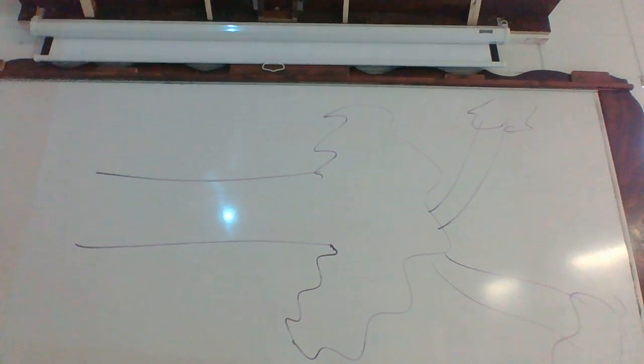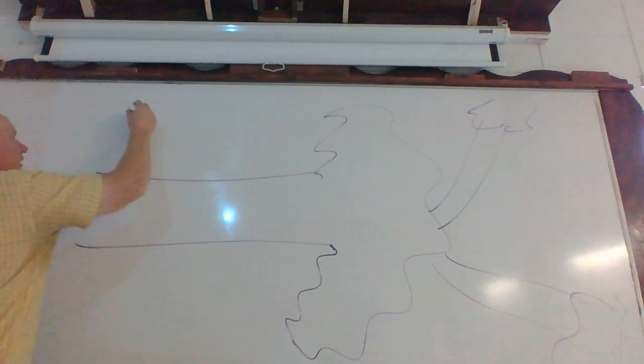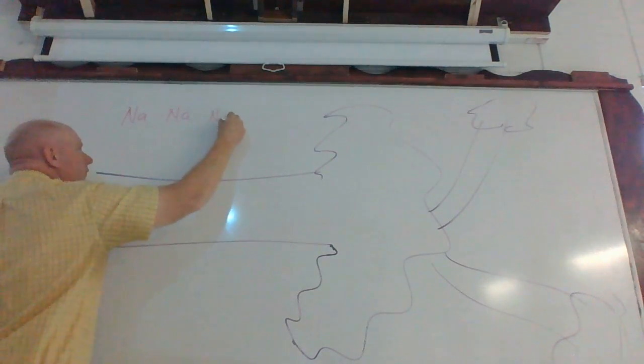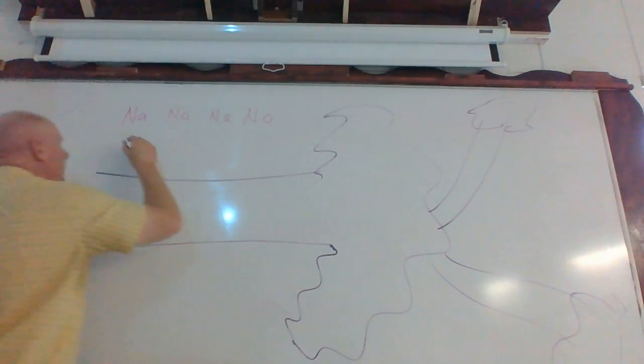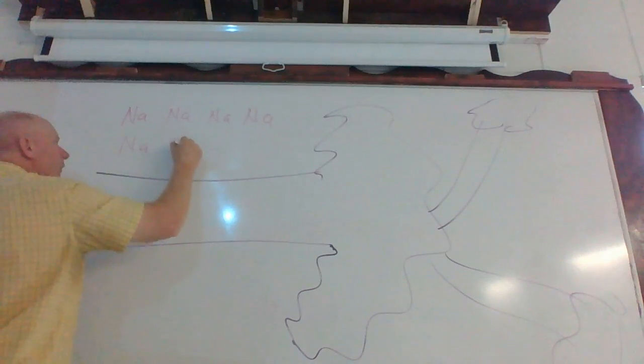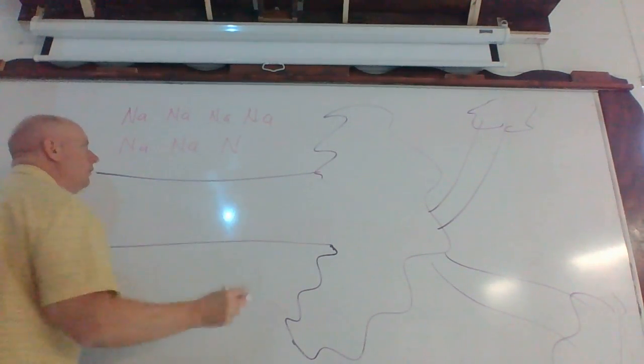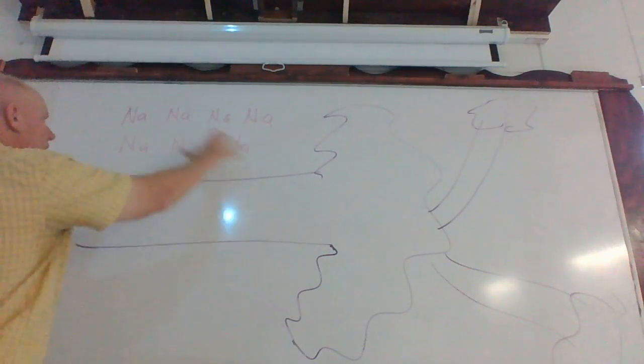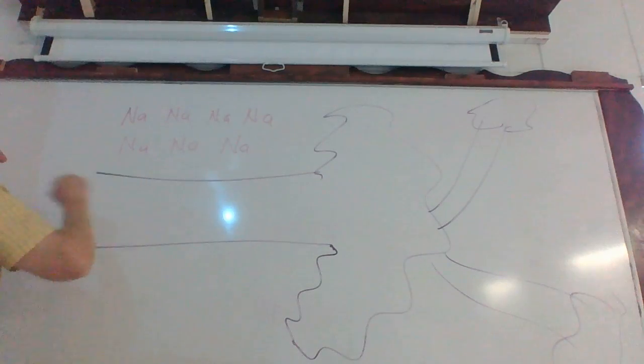With this, what we see happening is we've got a whole bunch of these things floating around. When I say these things, what are we referring to? Sodium ions. That's right. So we've got all this sodium on the outside of a nerve cell.